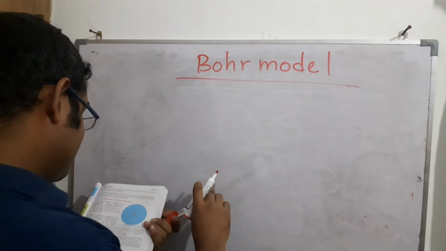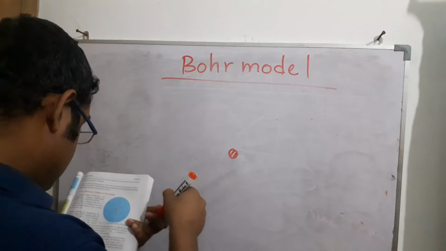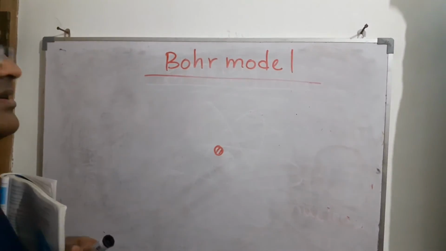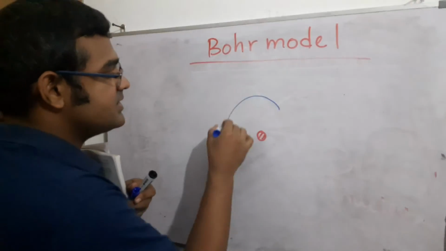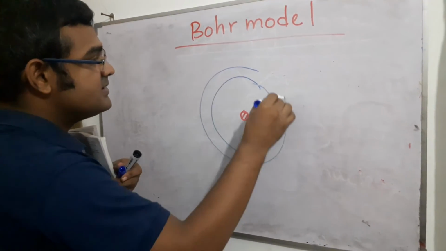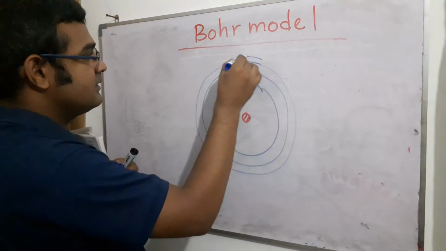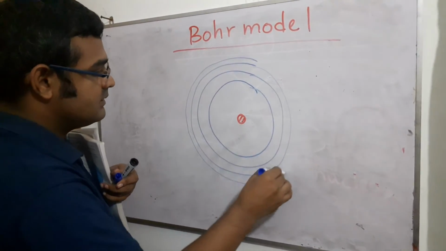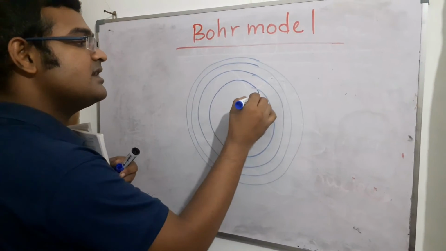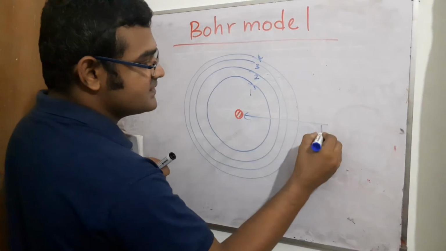He told that the positively charged nucleus is there, and there are definite energy levels for electrons to rotate. There are definite energy levels or shells: first energy level, second, third, fourth. This is the nucleus.